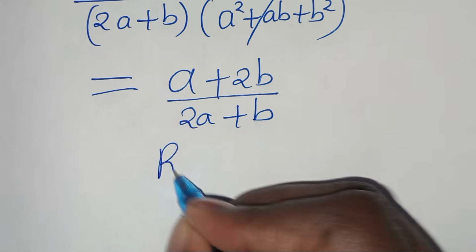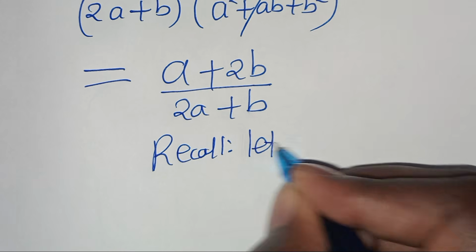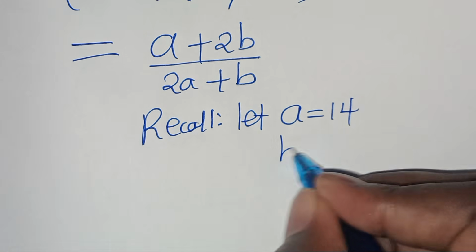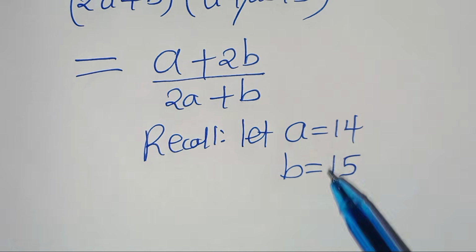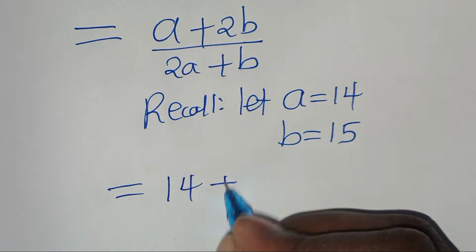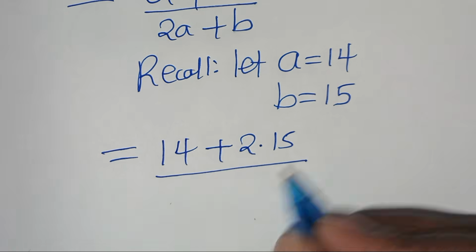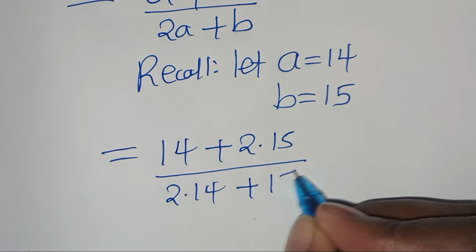Now if you recall, we have seen that we let a be equal to 14 and b be equal to 15. So let's substitute a and b. This is (14 plus 2 times 15) divided by (2 times 14, then plus 15).